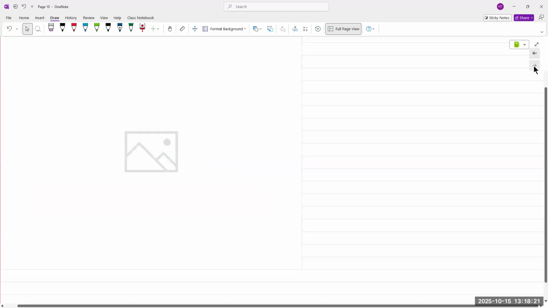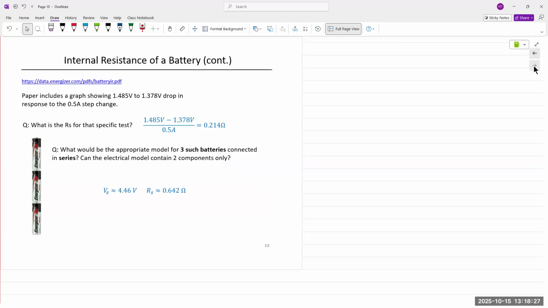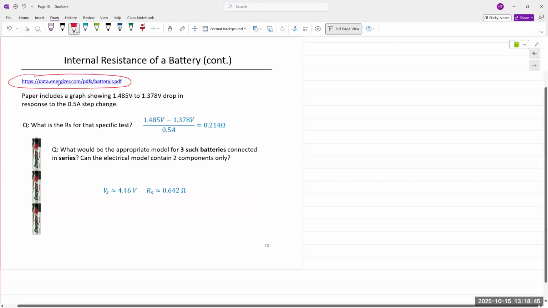And on the next page, we have an example for student practice. The answer is already given, so you can calculate and check. This battery shows a graph where the voltage changes from 1.485 to 1.378 volts if you apply a 0.5 amp step change.